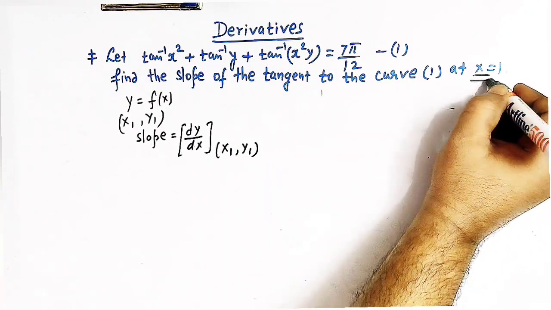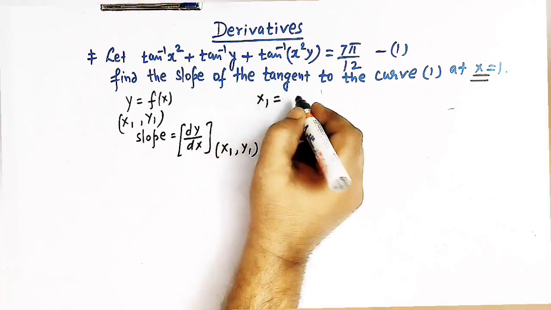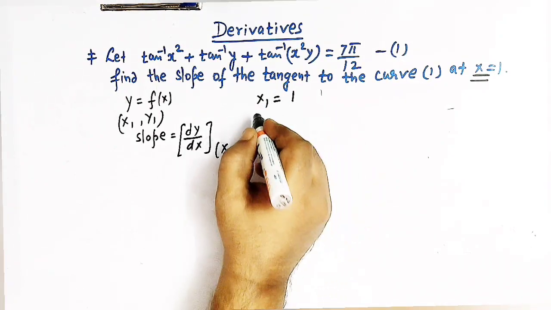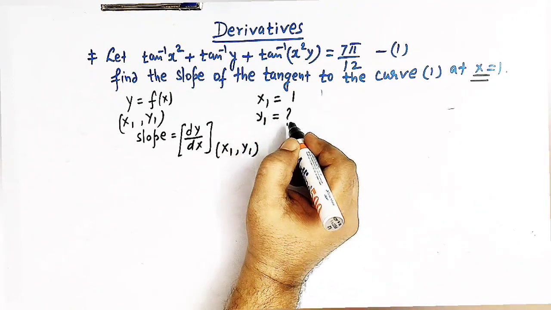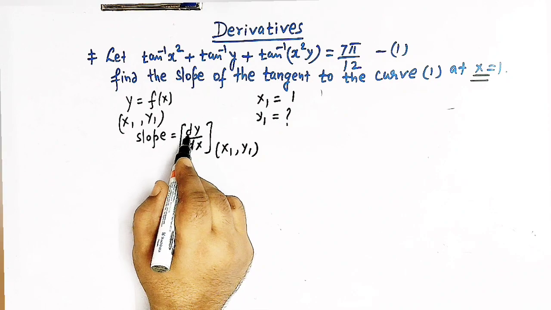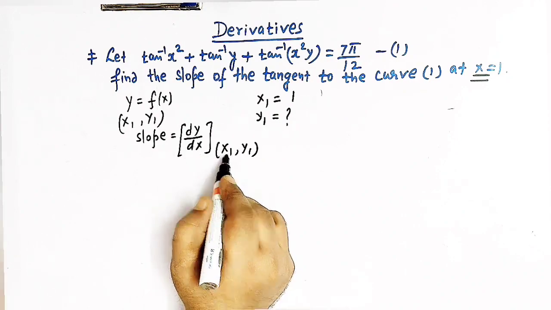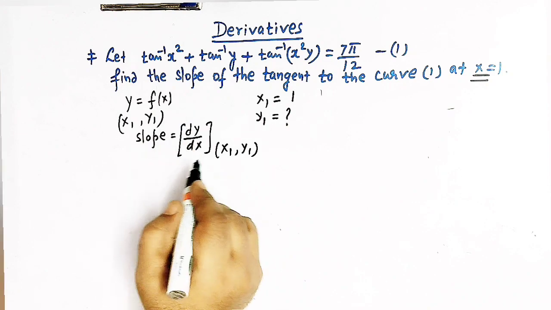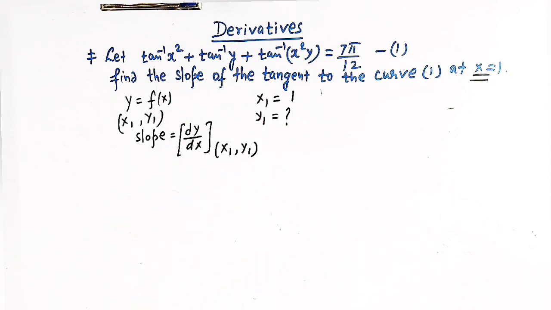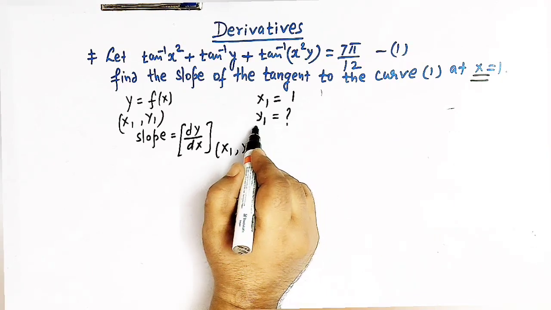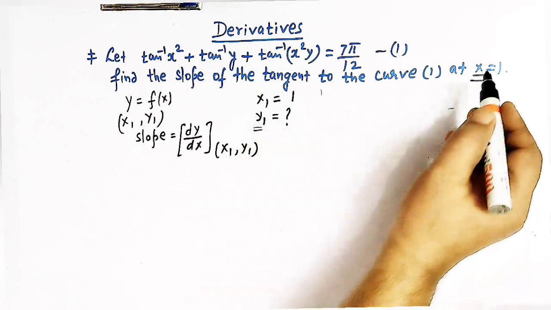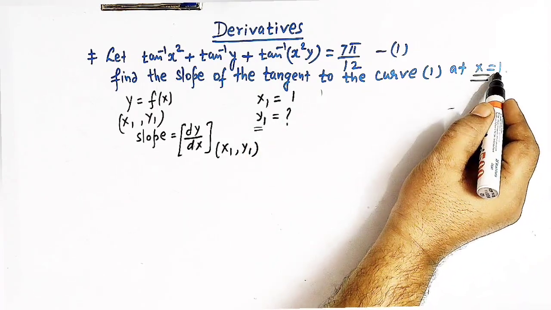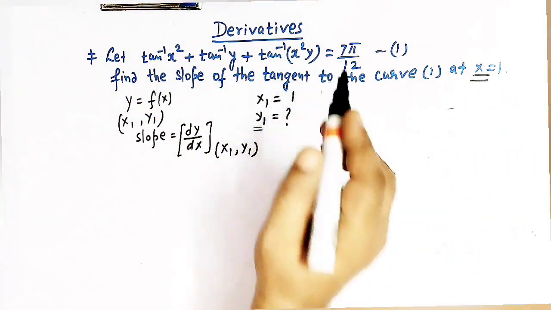And here we are given that x1 is equal to 1, so we have to first find the value of y1. The derivative dy over dx at x1 comma y1 represents the slope of the tangent to the given curve. So to get the derivative, let us first find y1 by taking x1 is equal to 1 in this expression.